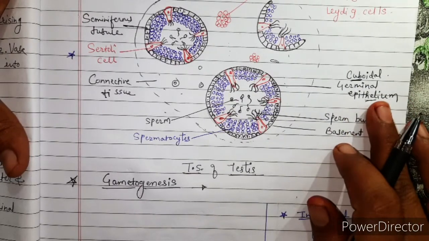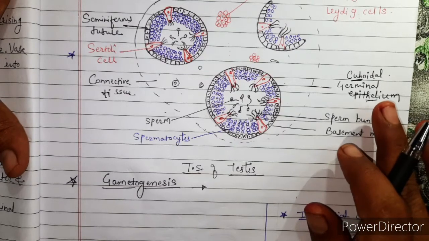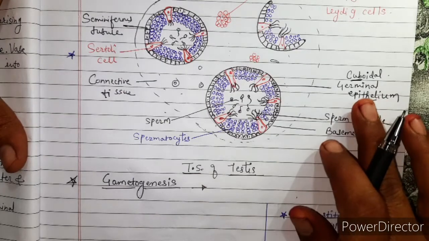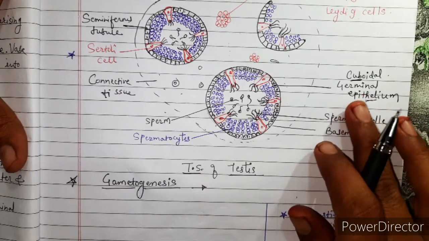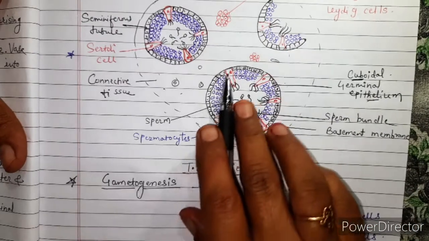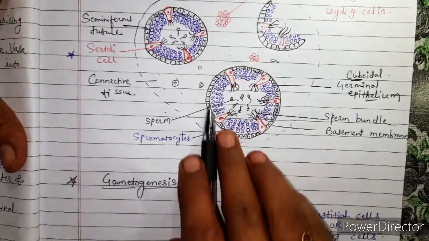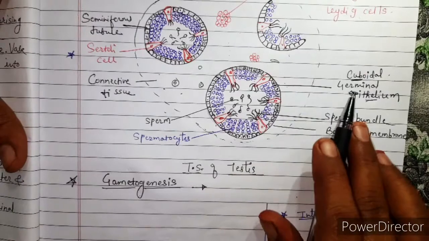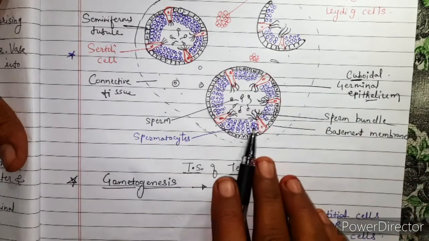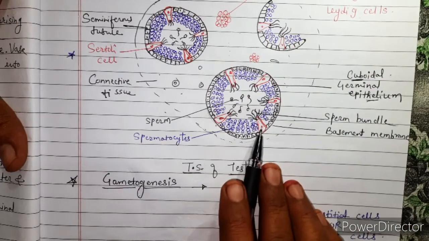If column-like cells are present, it is called columnar epithelium. Here the cells are cuboidal, so it is called cuboidal germinal epithelium. Each seminiferous tubule is lined internally by cuboidal germinal epithelium and some conical shaped cells.